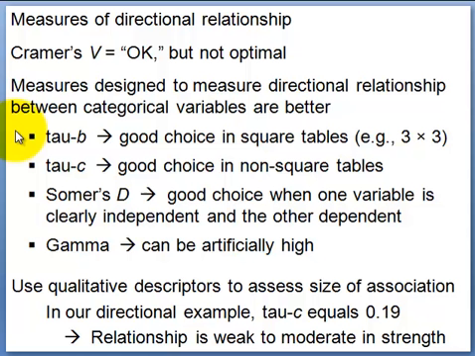I will note that gamma often calculates to a value that has an absolute value higher than that of the other three measures. And sometimes the value that gamma calculates to can be artificially high. I will note that these measures can take on either positive or negative values. Think of them in essence as varying from a lowest possible value of -1 to a highest possible value of 1.